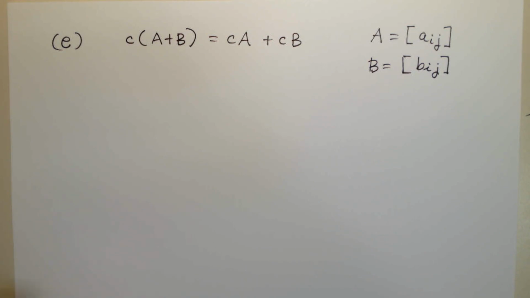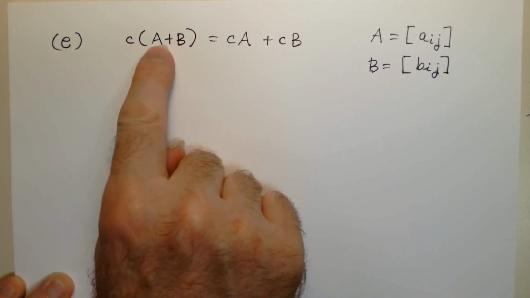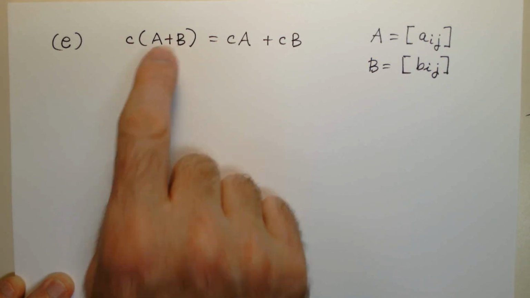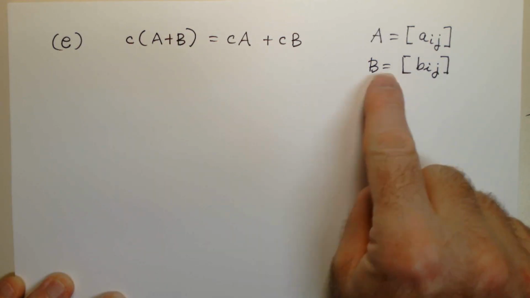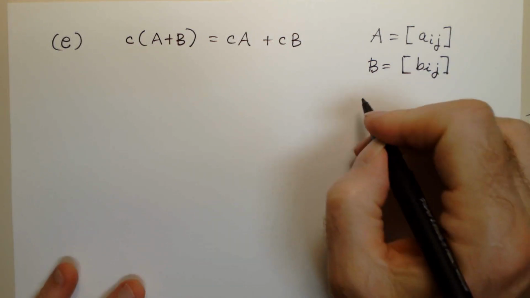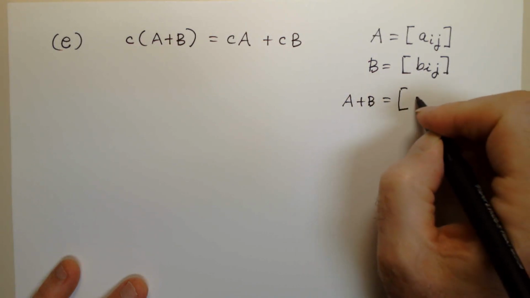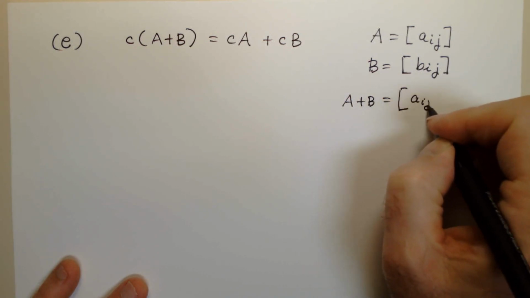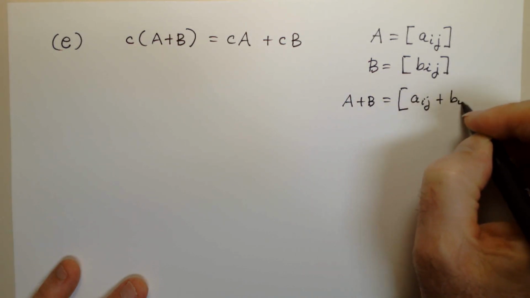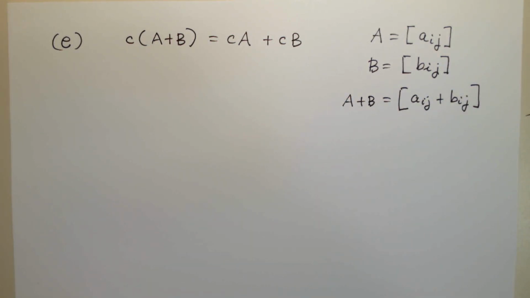Now, the first thing we should do, let's work on the left hand side. The first thing we have to figure out is what is the ij entry of A plus B. And the rule for matrix addition is very simple. It just says the ij entries add. So the matrix A plus B is composed of elements or entries of the form aij plus bij. I simply add entry-wise or element-wise, and that's the matrix addition.